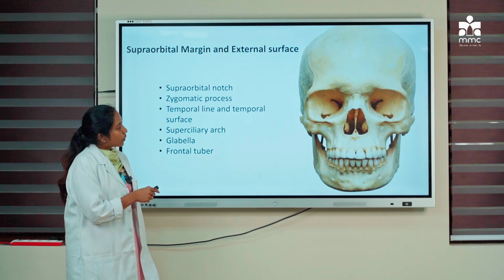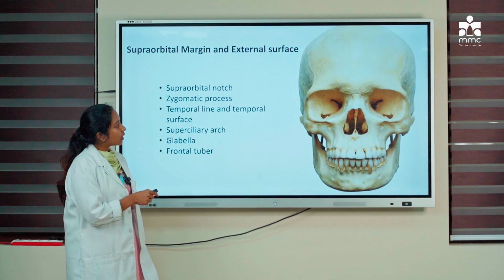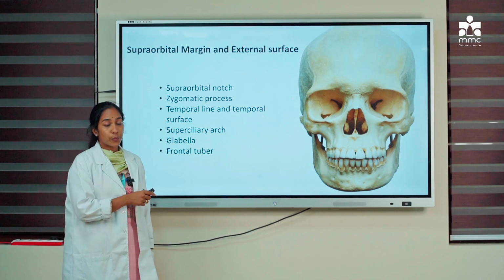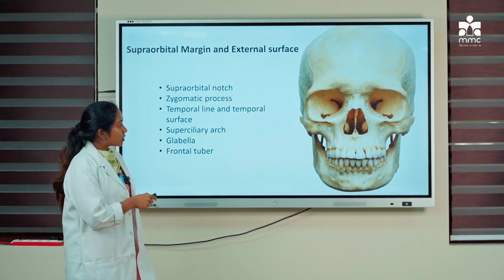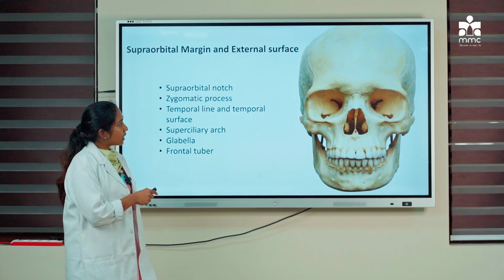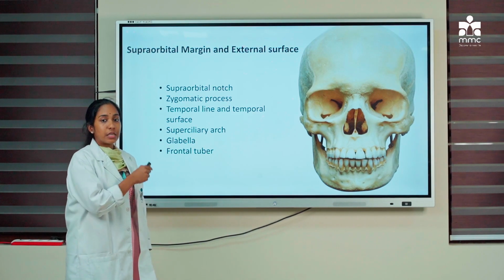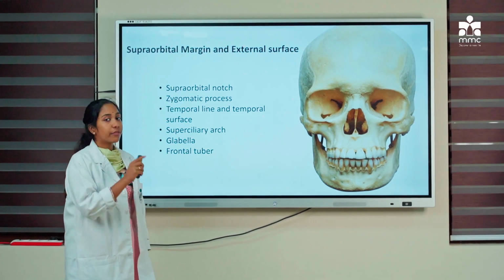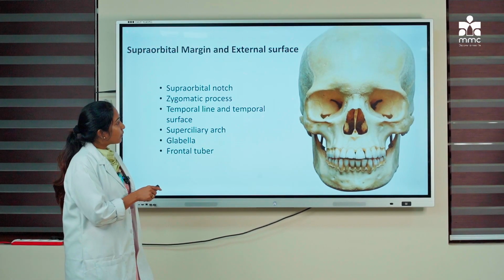Now if you see posteriorly, starting from the zygomatic process of the frontal bone, there is a line. That is the temporal line. When it moves posteriorly near the parietal bone, it divides into superior and inferior temporal lines.